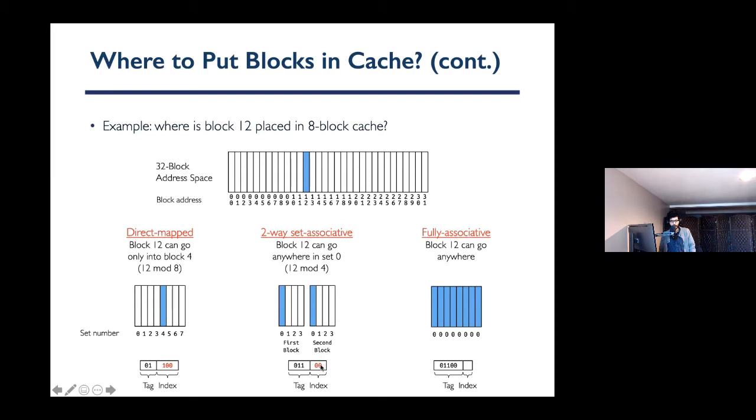So 2 bits for indexing and the rest of it for tag. With fully associative cache, I only have 1 set, that's 0 bits. So no index. All of the bits are used for the tag. Okay, hopefully that makes sense.